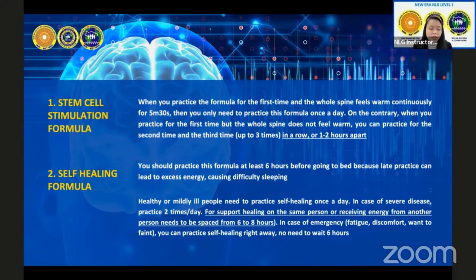So in that case, if you accidentally practice and forget that it's too close to your bedtime, the technique you can do to alleviate that excess energy is to breathe in through the nose for 3 seconds, and then breathe out through the mouth for 6 seconds.